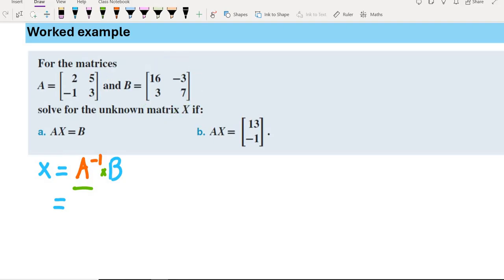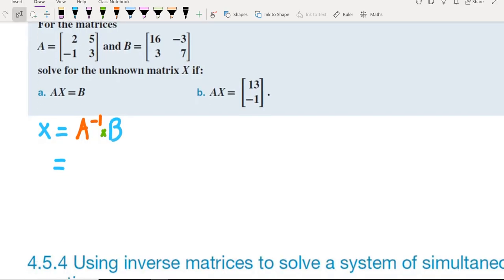If you simply put that in your calculator, it's going to give you the answer. So try it out yourself, see what you get.